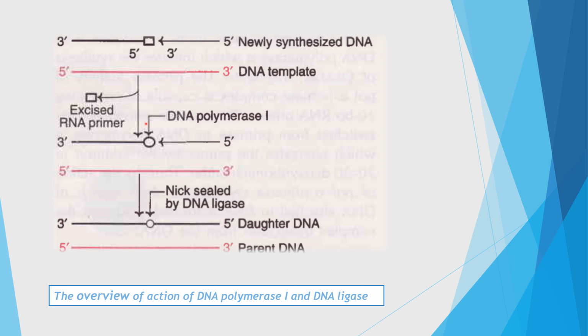In this step, the RNA primer is excised. The RNA primer is removed, and here comes DNA polymerase I, which functions to fill DNA gaps that arise during DNA replication. In the next step, DNA ligase comes and is involved in nick sealing. Thus, the Okazaki fragments are joined together by DNA ligase.